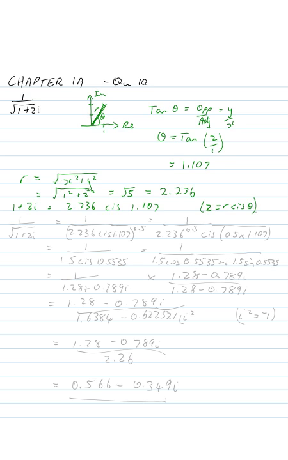Now that we've worked that out, we can then say that 1 over the square root of 1 plus 2i is equal to 1 over the square root of 2.236 cis 1.107, where I've just substituted in the result we found before.